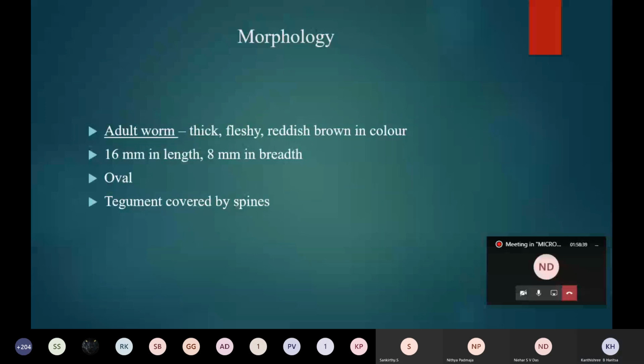Morphology: adult worm is thick, fleshy, reddish brown in color, 16 mm in length and 8 mm in breadth. It is oval and the anterior end is slightly broader. Tegument is covered by spines all over.